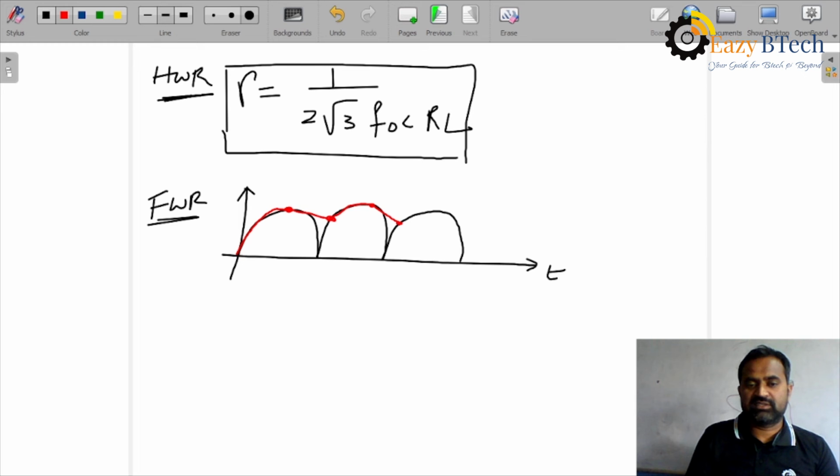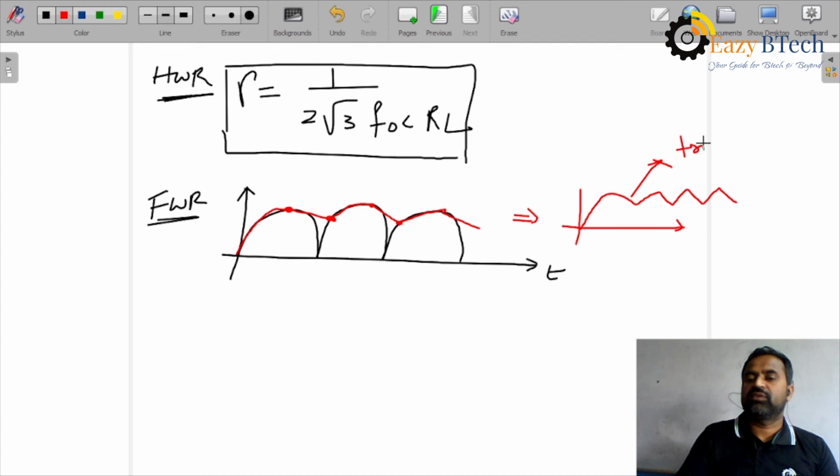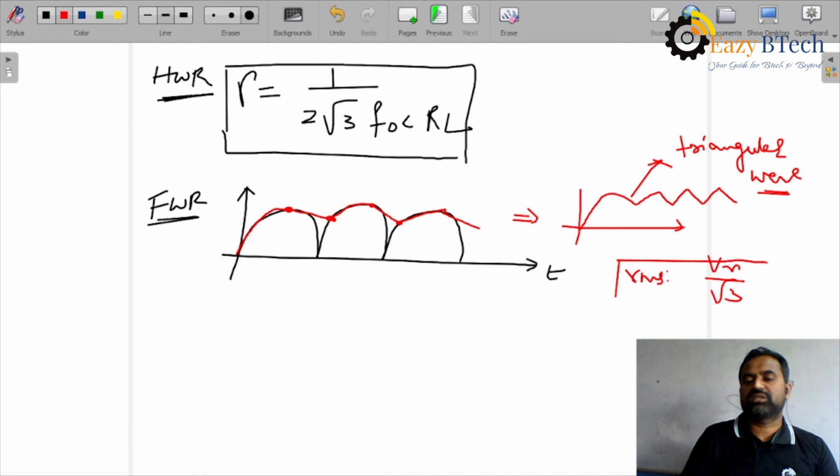After the rectifier output we apply it to the filter, and the filter output is a triangular wave with ripple. The RMS value of the triangular wave is Vm by root 3.